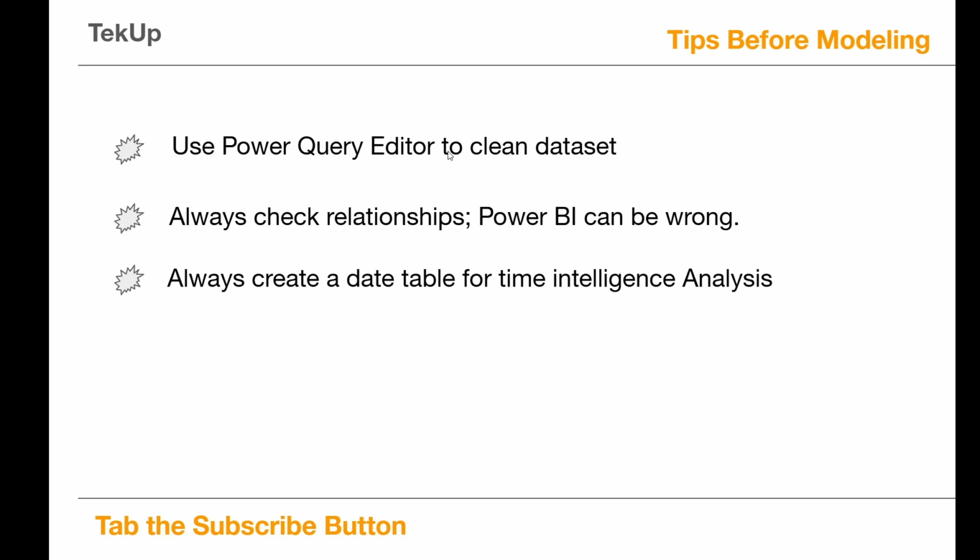When you finish cleaning your data sets in Power BI, you will see that Power BI automatically tries to create a relationship between them. But you must always double check, because the relationship automatically created by Power BI can be wrong sometimes.